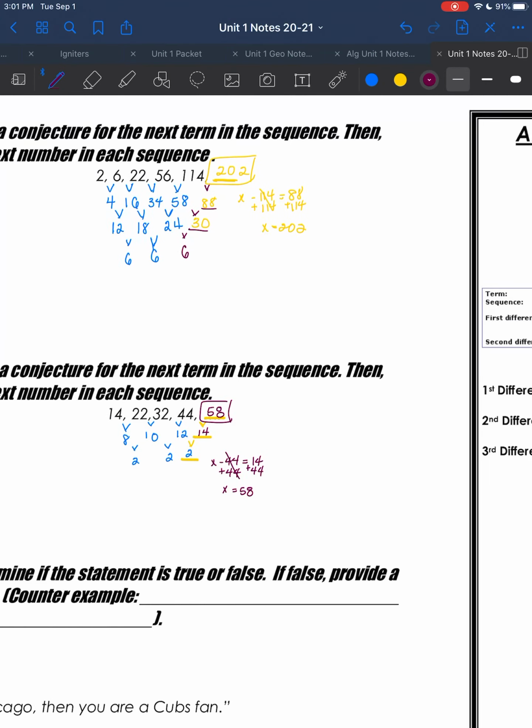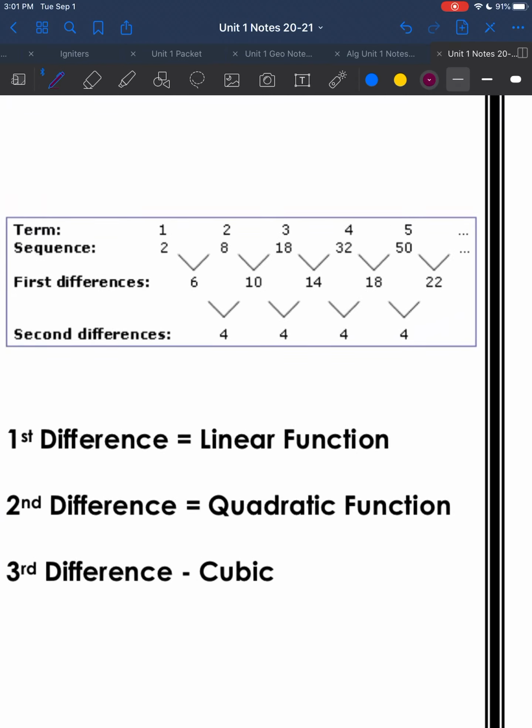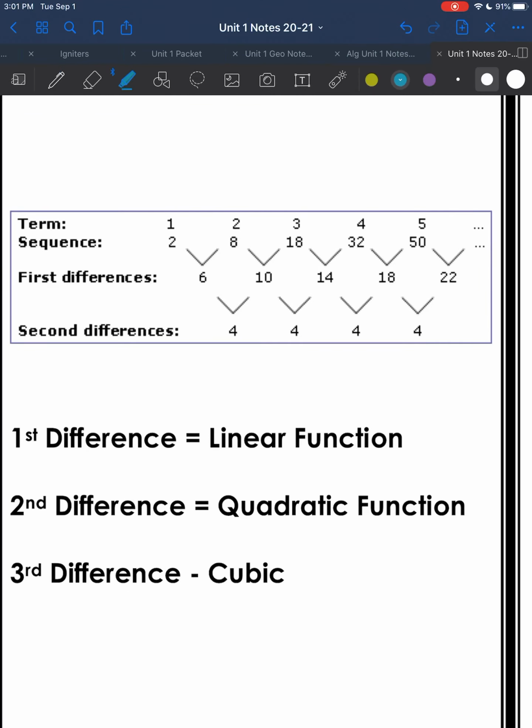Okay, now something to notice on the side here, when we're taking these differences, in this example here, this is my first sequence here. This 2, 8, 18, 32, and 50.